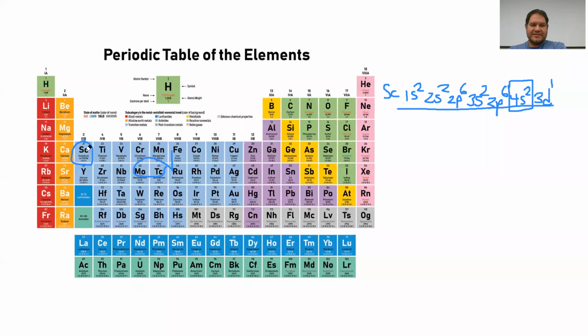Okay, what's our next element that we need to do? That is titanium. So titanium can be very similar to scandium since they're right next to each other.